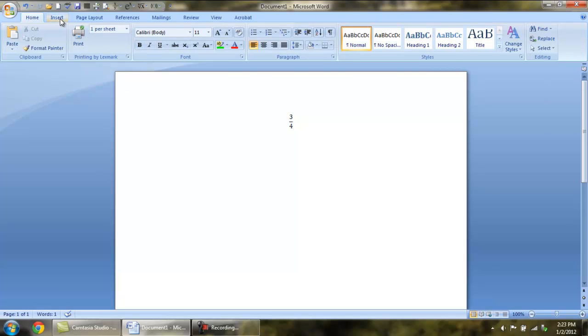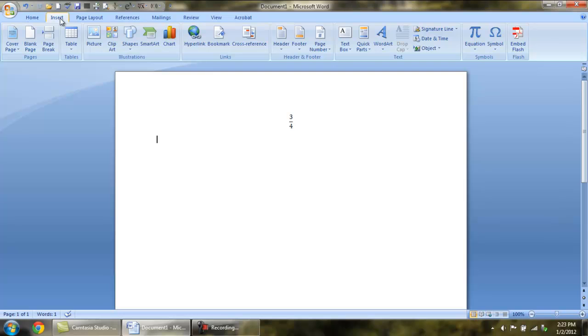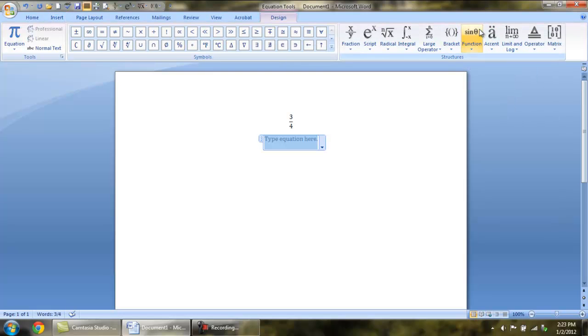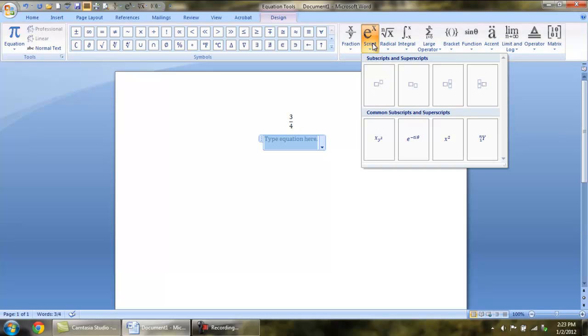Let's say that you want to input an x squared. Go over to Insert and then Equation again. And here we have script, and this allows you to add a subscript or a superscript. So most of the time here we'll be using superscript.